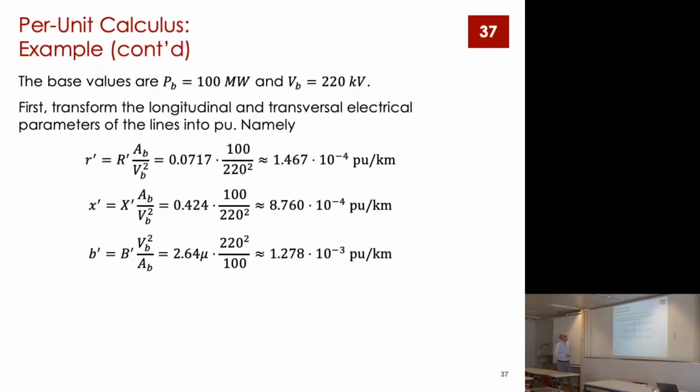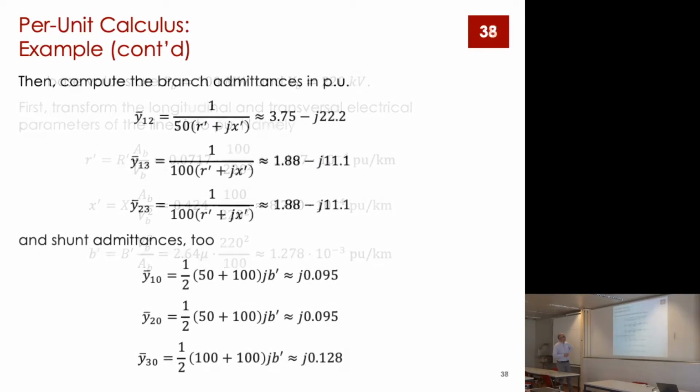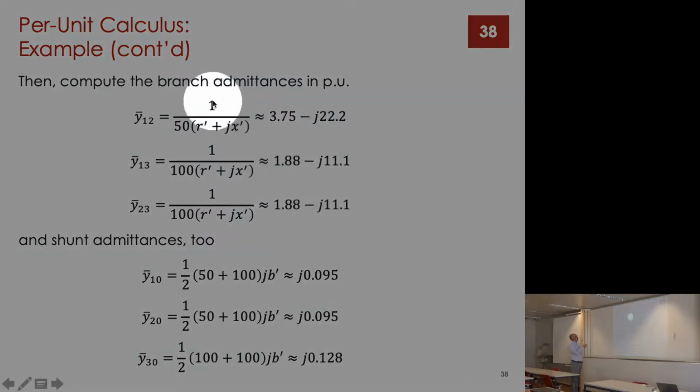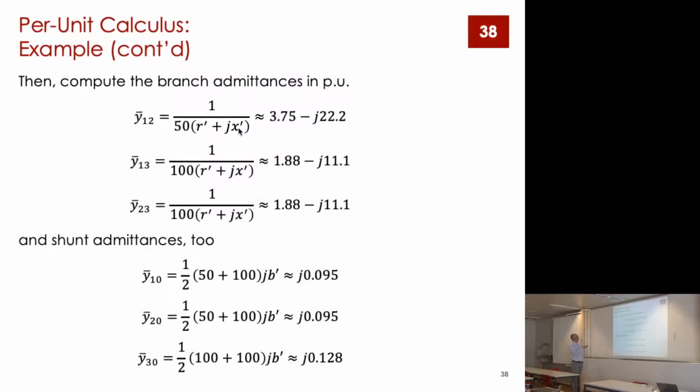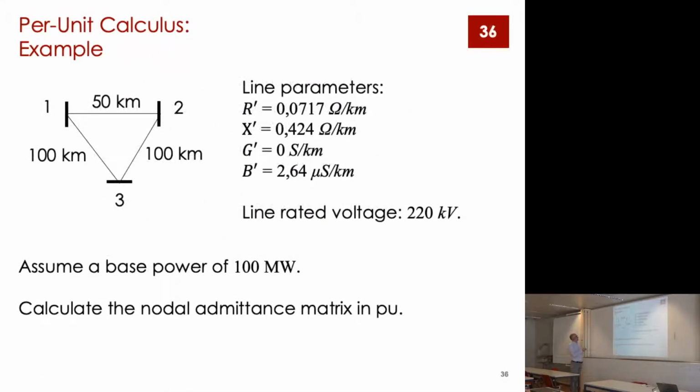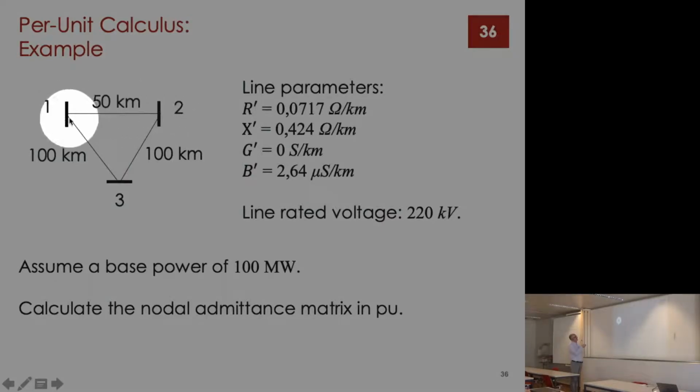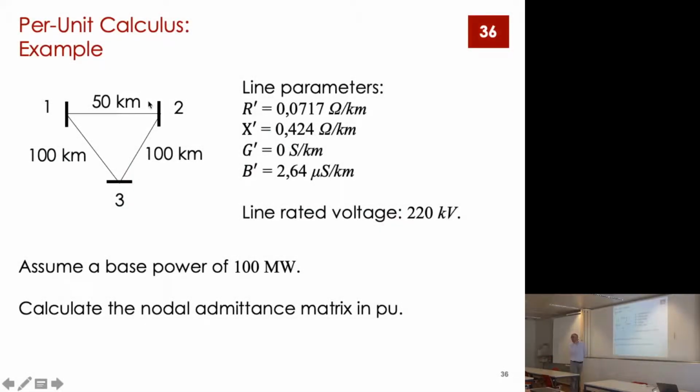Now, how can I build the admittance matrix? Y12 is just equal to 1 over 50 kilometers times (R prime plus j X prime). This is the longitudinal Y between 1 and 2.